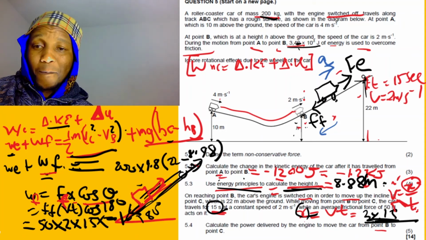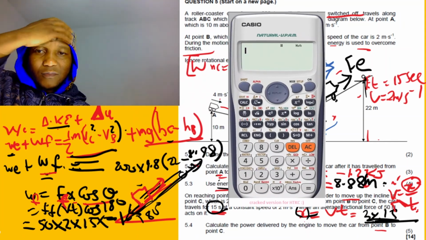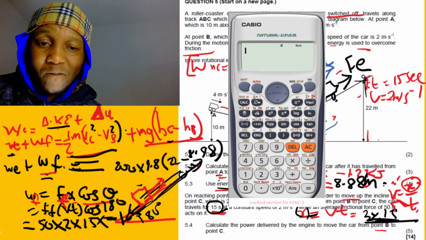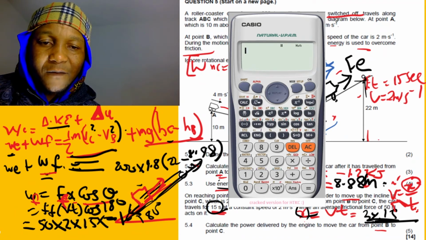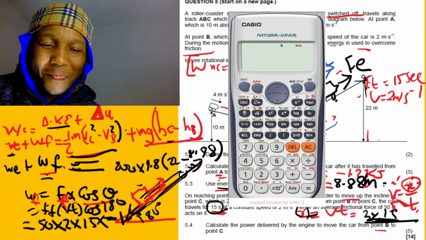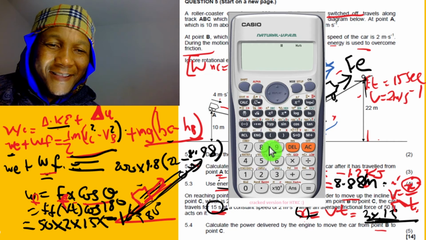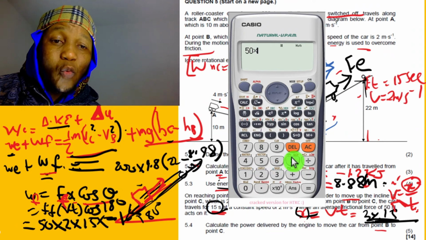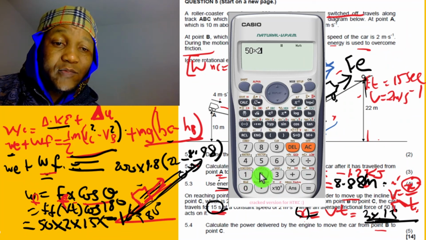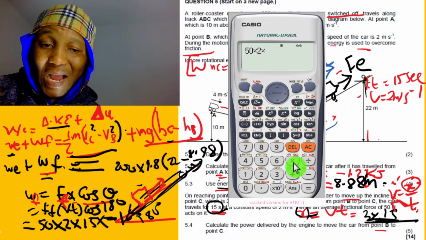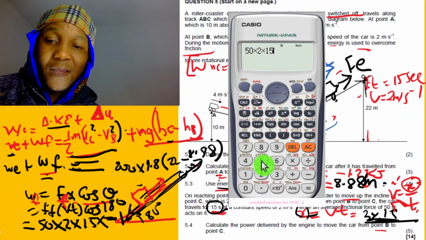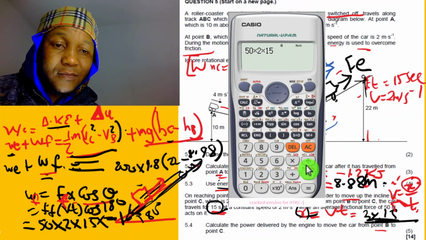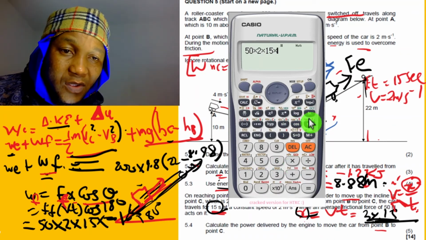Calculator is easy, man. Plug this into a calculator quick. So this is going to be 50, multiplied by 2, multiplied by 15, multiplied by cos 180.